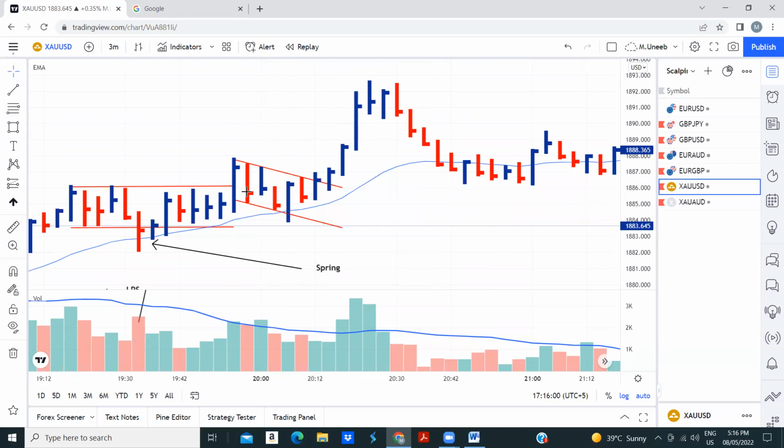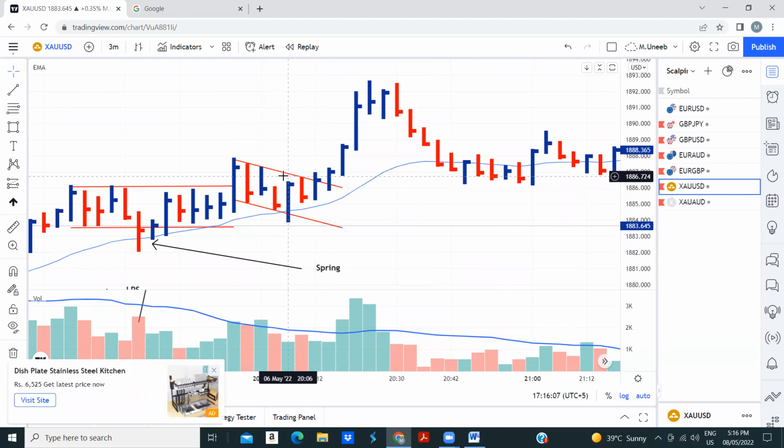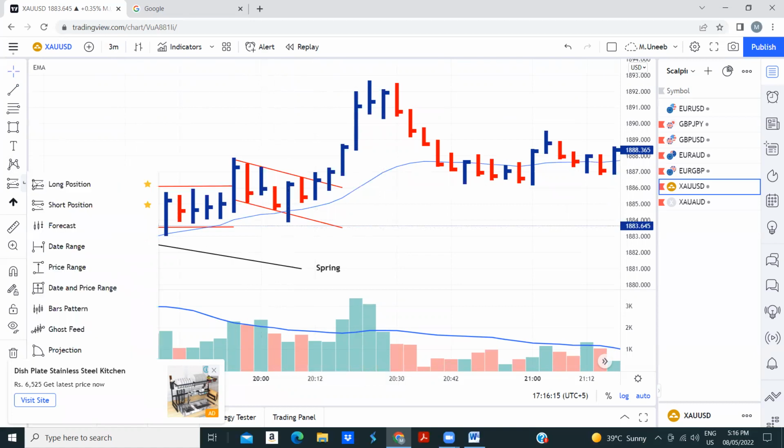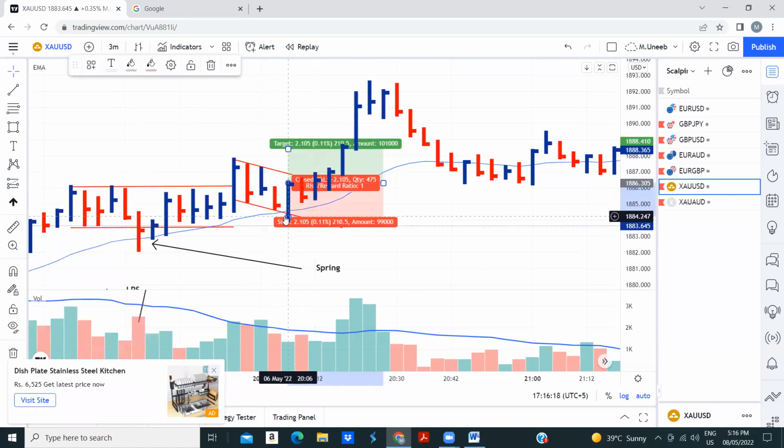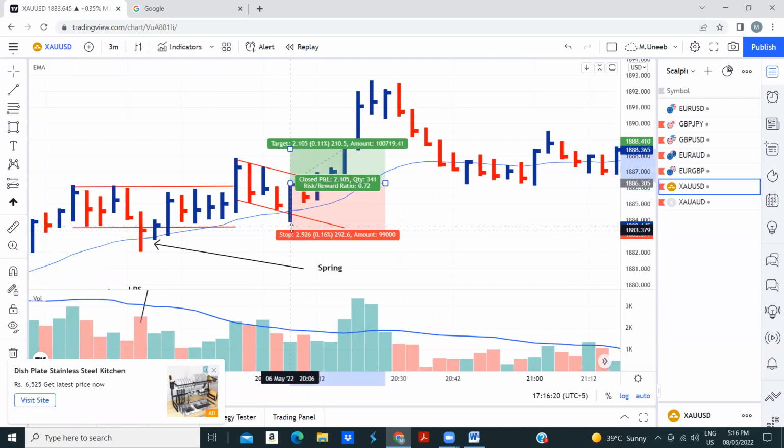This one is oversold, and you can see it's a 1 bar action oversold. I told you there is no difference between oversold and spring. The thing is, spring forms on a horizontal range, while oversold or overbought forms on an ascending or descending range. Got it? So you can take another position right here. You see we have multiple positions lining up.